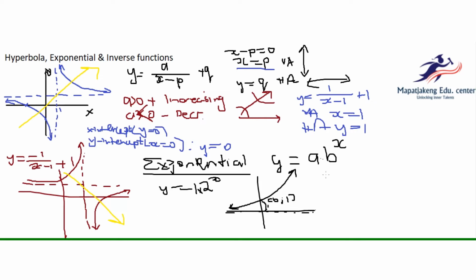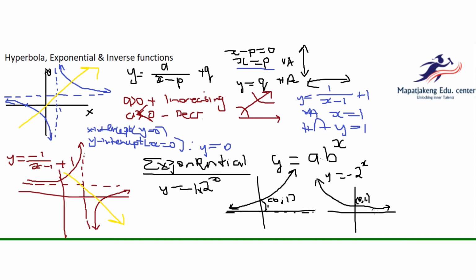When our a is negative, let's say we have y is equals to -2 to the exponent x, the graph will be like this. Why like that? It always cuts at 0 and 1 as well. Why is it like this?